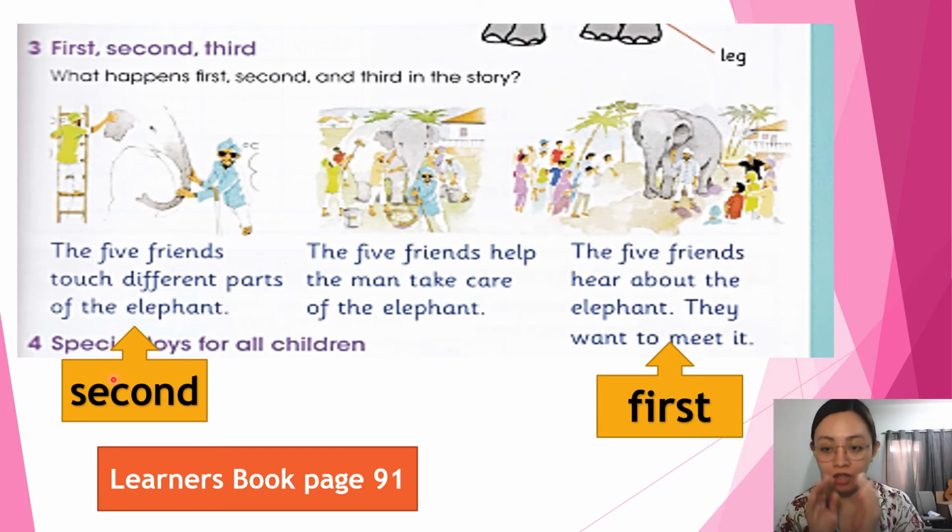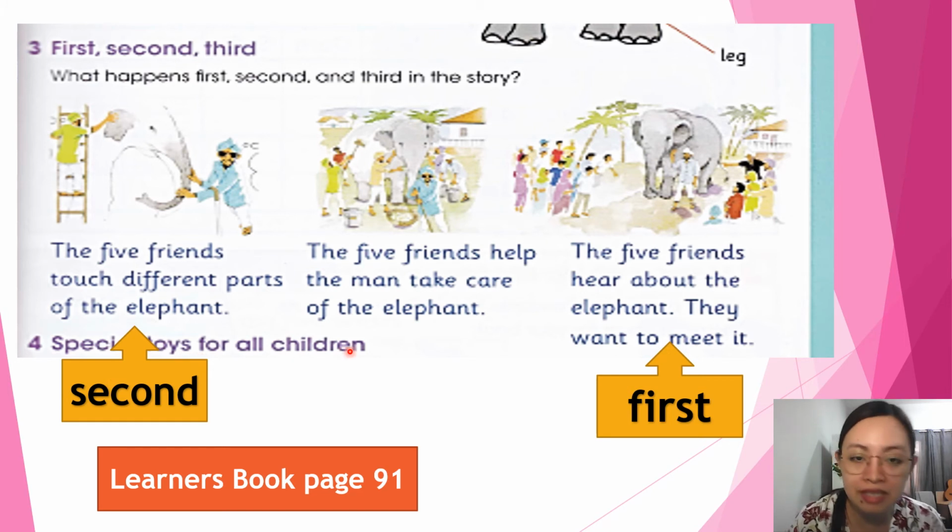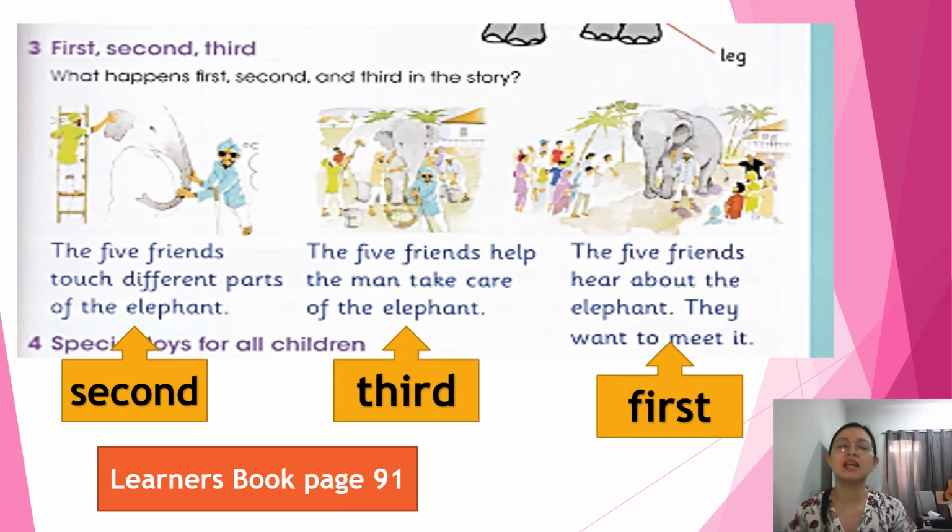Like the trunk is like a snake, the ears are like a giant fan, the legs are like trees, and the tail is like a wiggly or a long rope, and the side, because it's hard and rough, feels like a wall. And what is the last part or the third? Very good. The 5 friends help the man take care of the elephant.